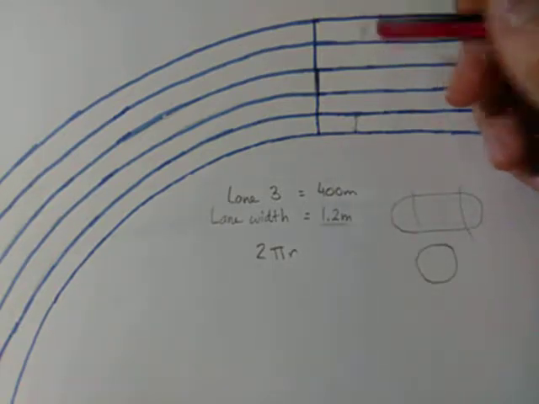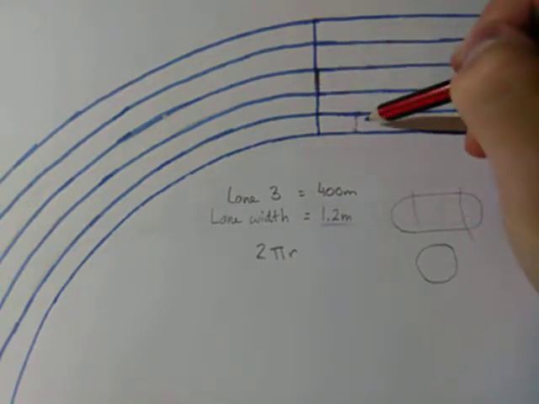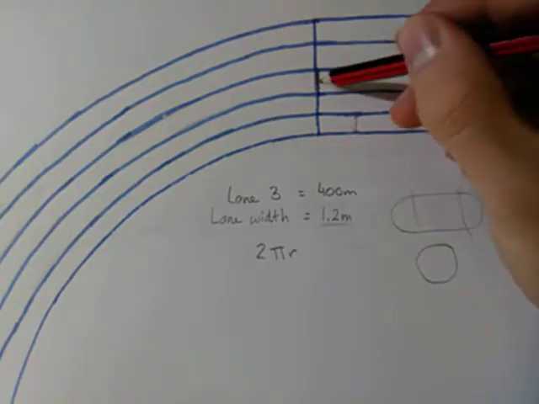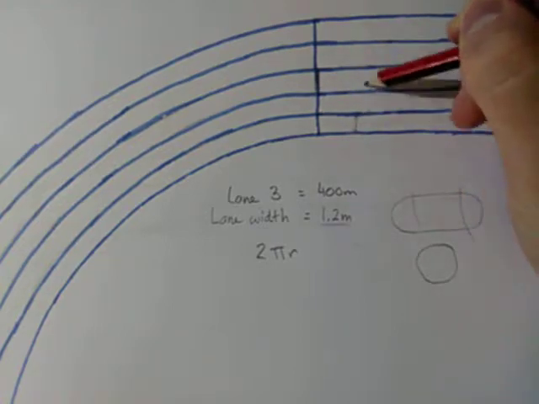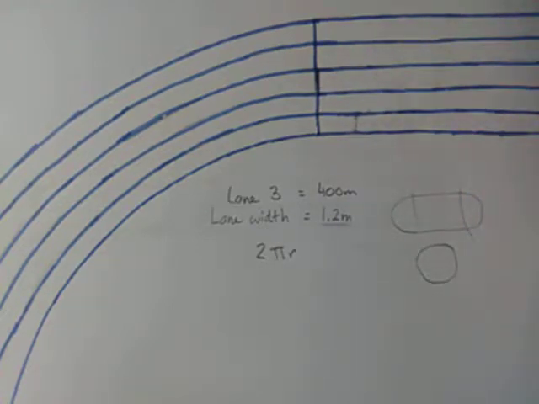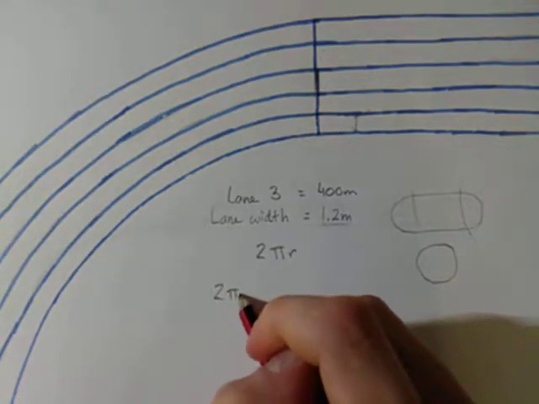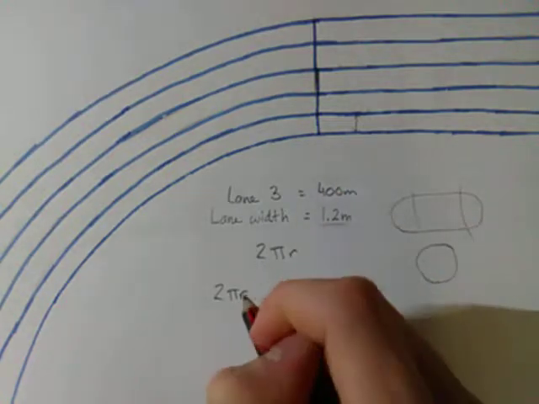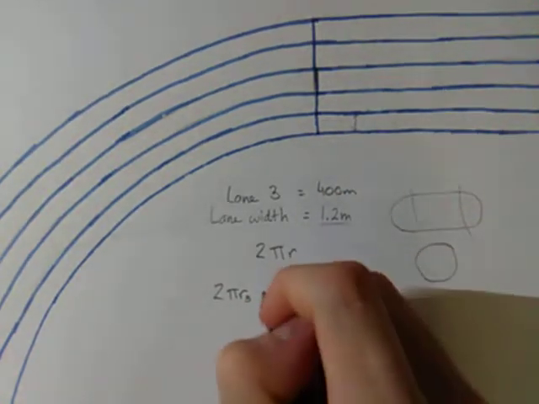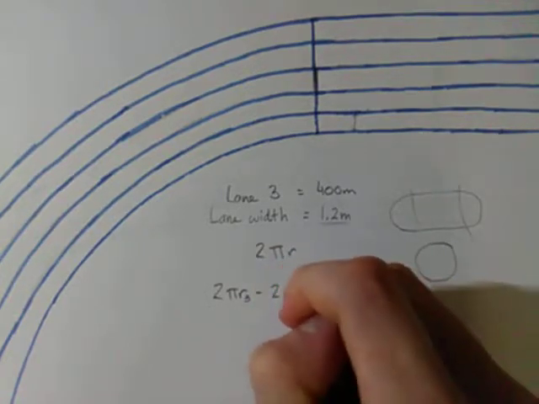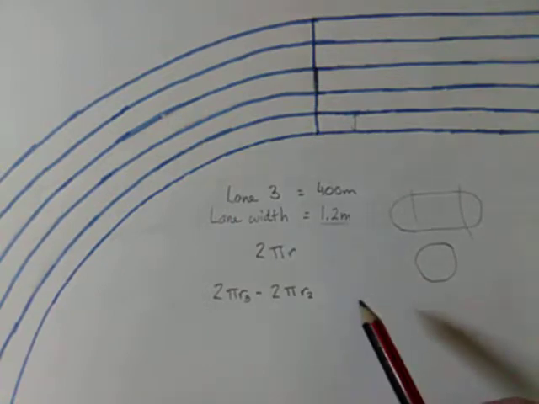All you need to know is the difference between lane 3 and lane 2. If you want to define lane 2, you'd need to know how much to move the stagger back in lane 2 to get another 400 meter start line. The formula is 2 pi r3, for lane 3, minus 2 pi r2, the radius of lane 2.